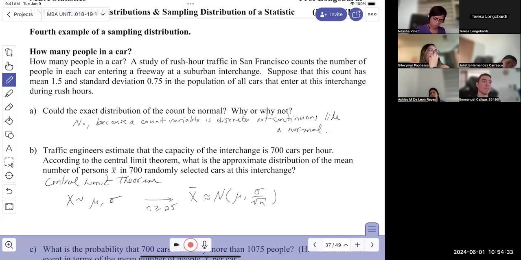So that's known as the central limit theorem. You don't necessarily know the distribution, and that's the case here with the rush hour traffic. Or even if you knew it and it wasn't normal, it would be fine. So the point is that it's not necessarily normal. It's called the central limit theorem.